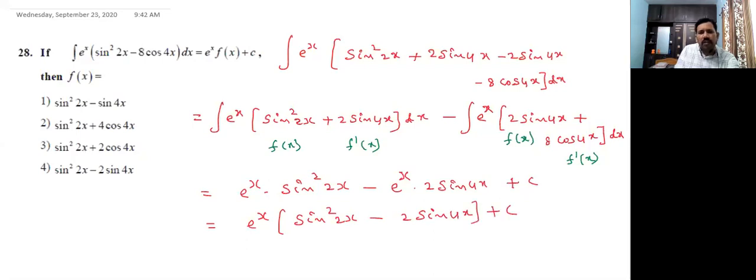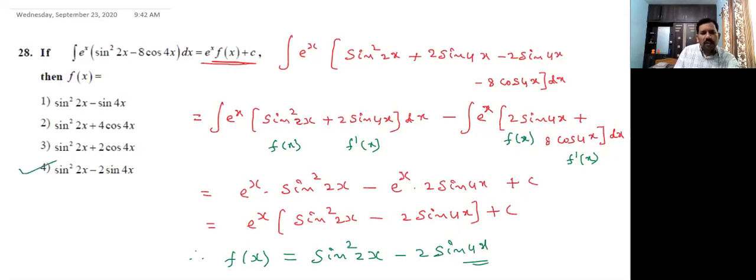Observe the question: e power x into f of x plus c. Therefore, by comparing both, what is f of x? Sine square 2x minus 2 sine 4x. This is the answer. Observe the options. Which option is correct? The fourth option is correct.